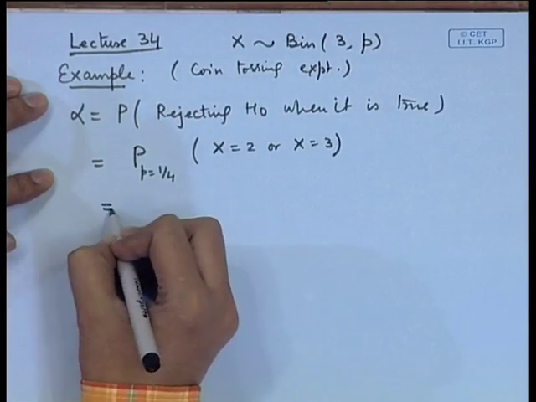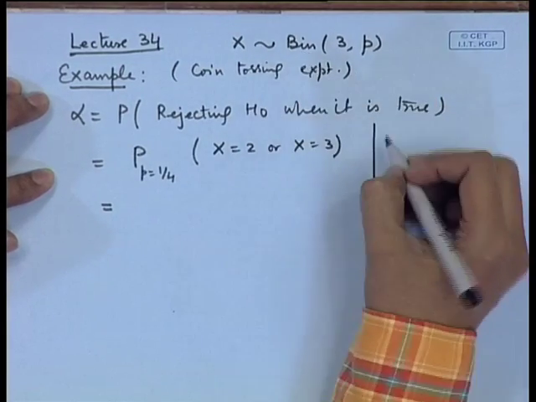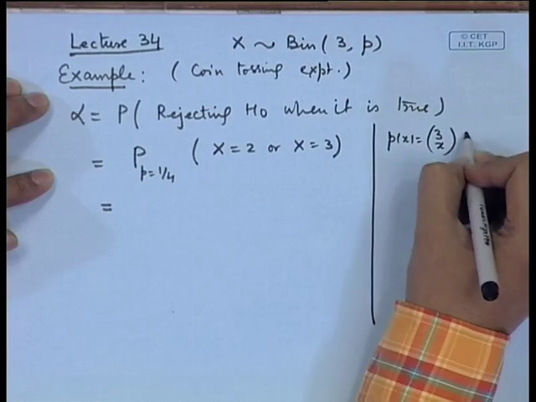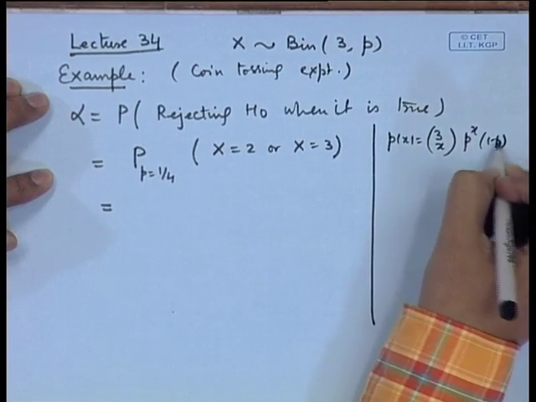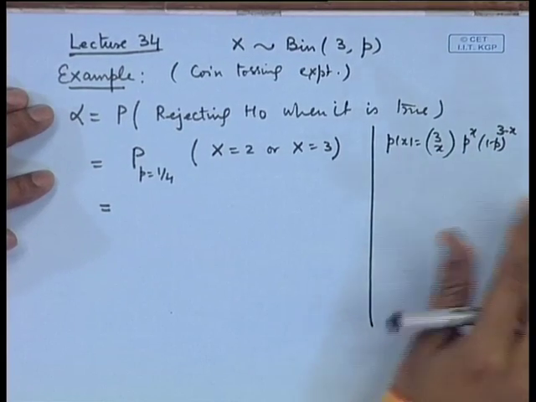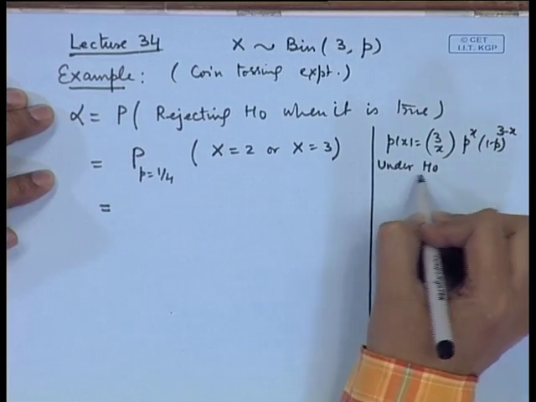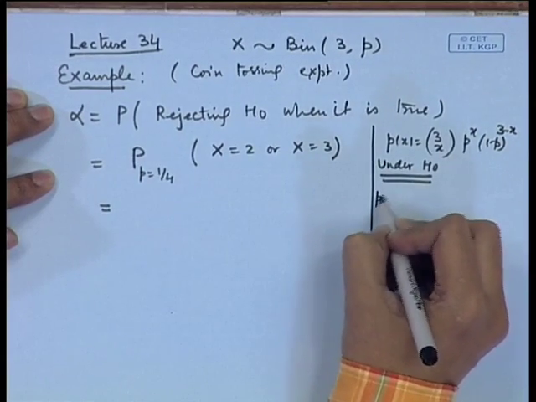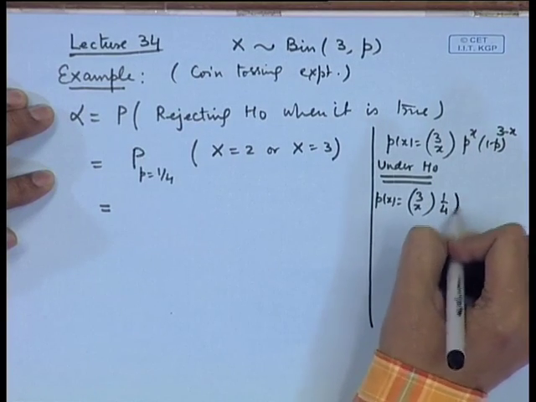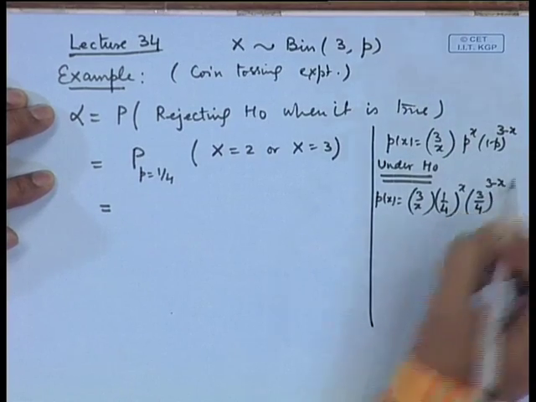Now, these probabilities can be evaluated, because we know the distribution of x, that is p x is 3 c x p to the power x, 1 minus p to the power 3 minus x. Now, under H naught, this p x function will be equal to 3 c x 1 by 4 to the power x, 3 by 4 to the power 3 minus x.